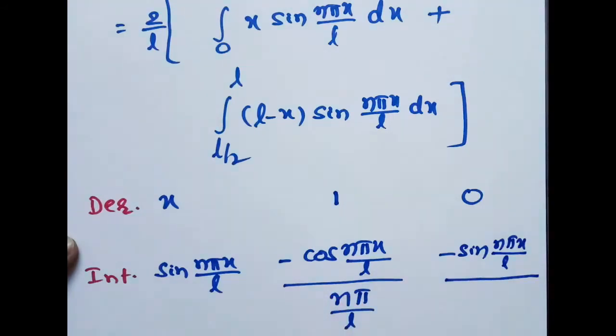Since n pi by L is already there, we get n square pi square by L square.